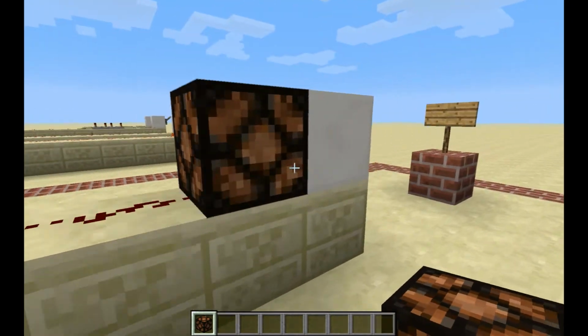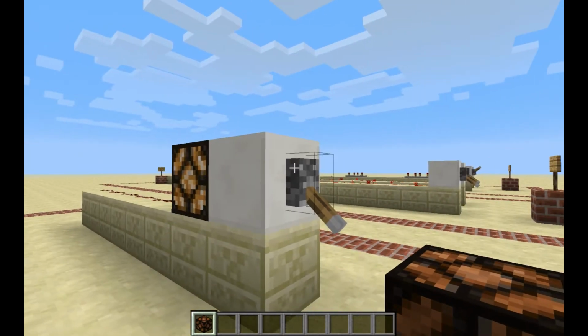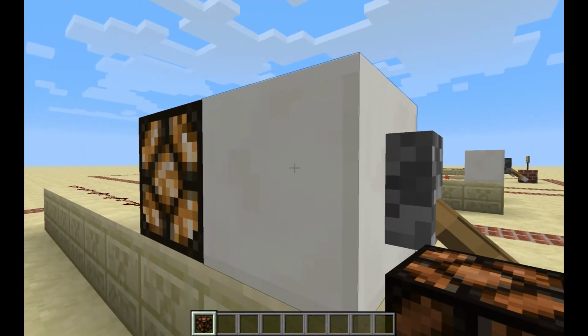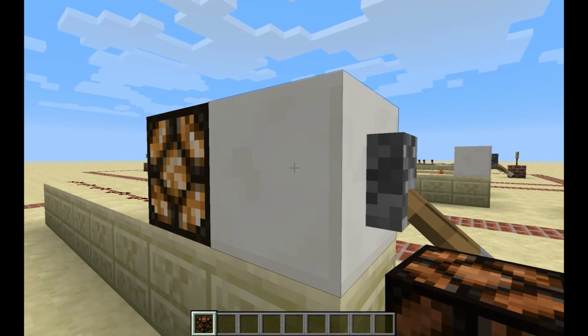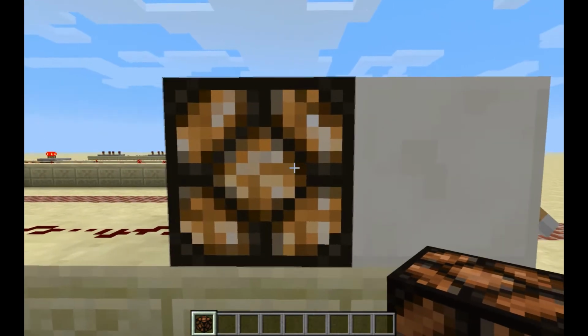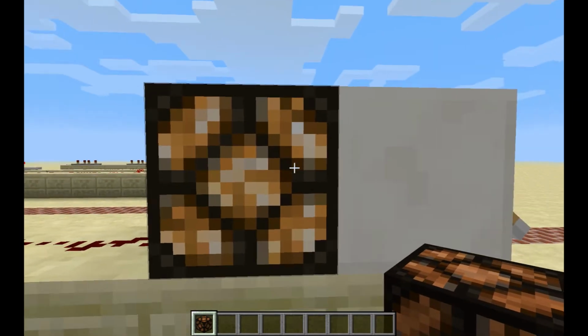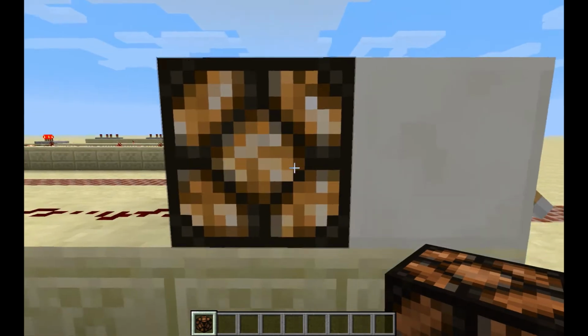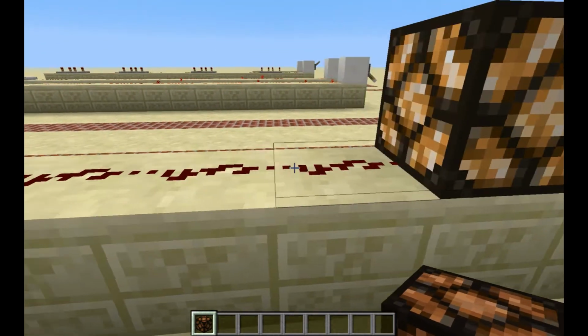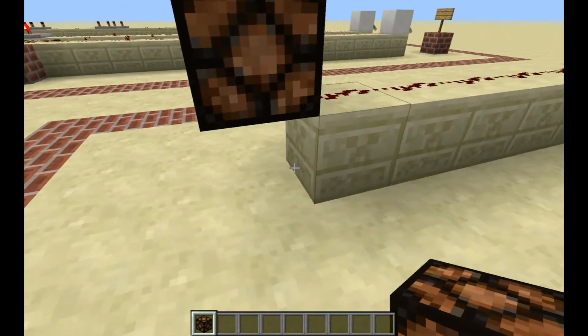To better explain it here, this is our block of quartz. It is getting a primary power. It is getting a strong power from the switch here, and then it delivers a weak power into the redstone lamp, and because it is weak power, it does not power any of these behind it there.